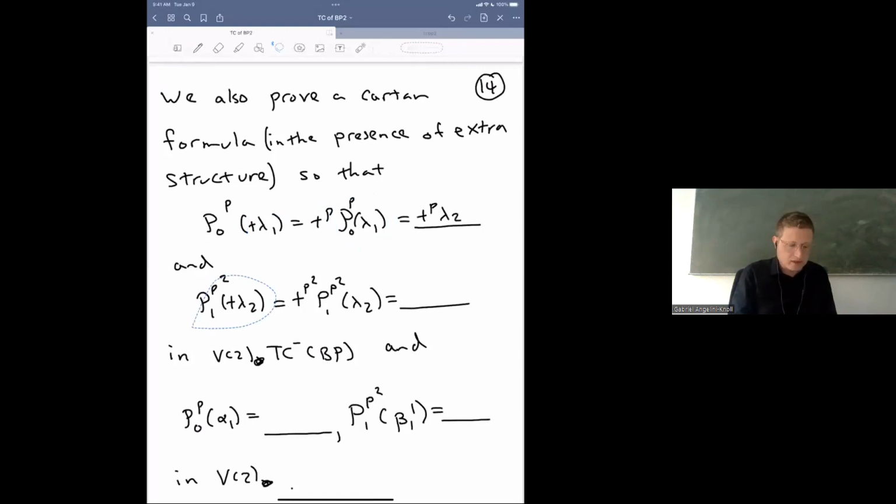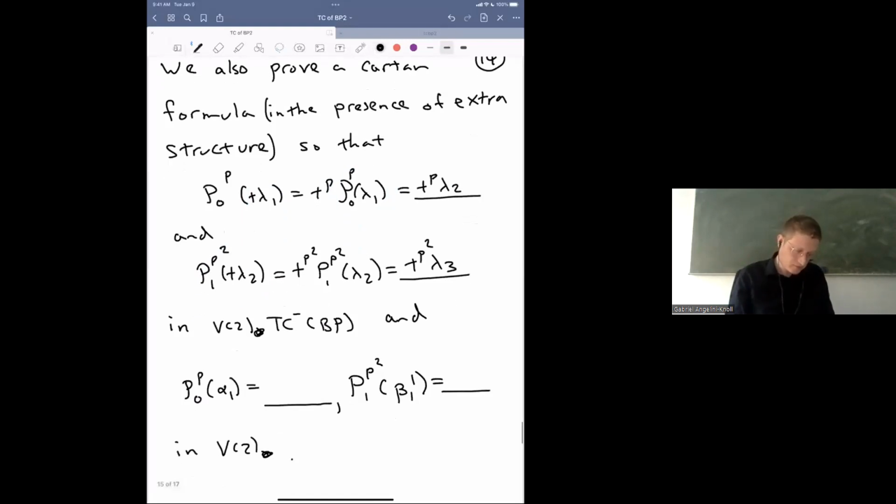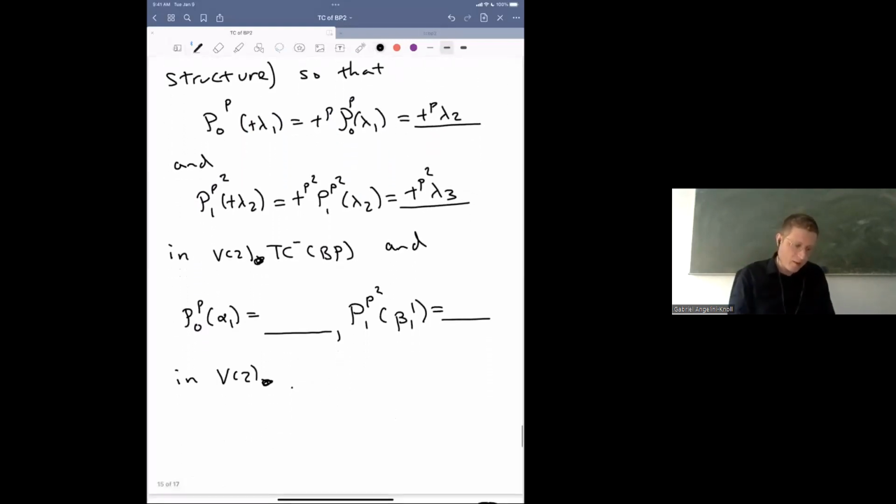And then similarly here, this power operation takes you to lambda 3. And then we also have these power operations that take you from alpha 1 to beta 1 prime, and then from beta 1 prime to gamma 1 prime prime. And again, I'm sweeping some things under the rug. But at least in V2 homotopy, this is exactly what happens.